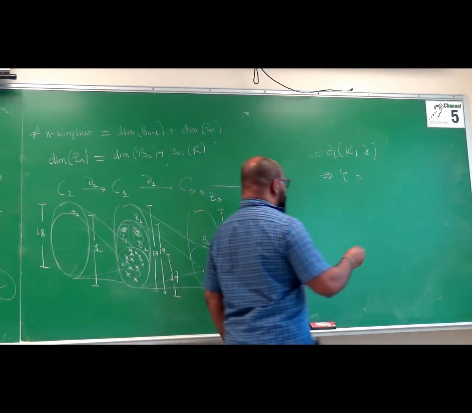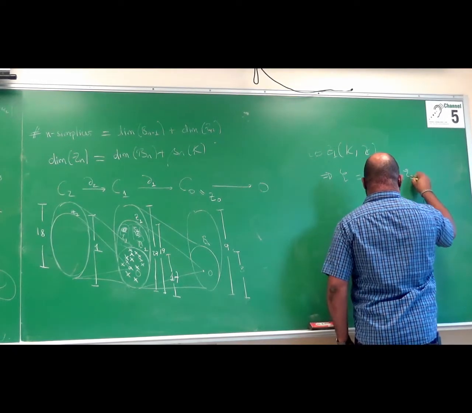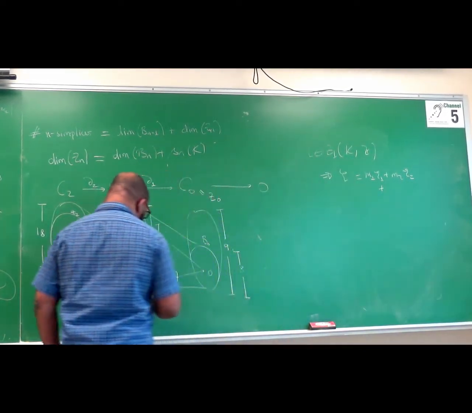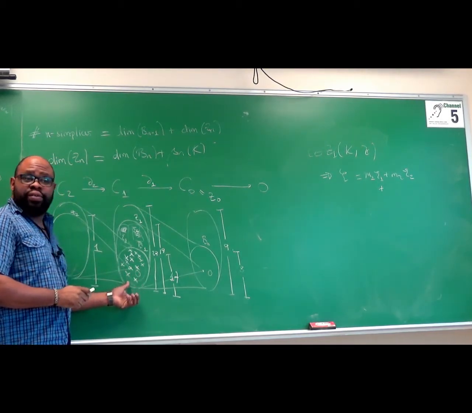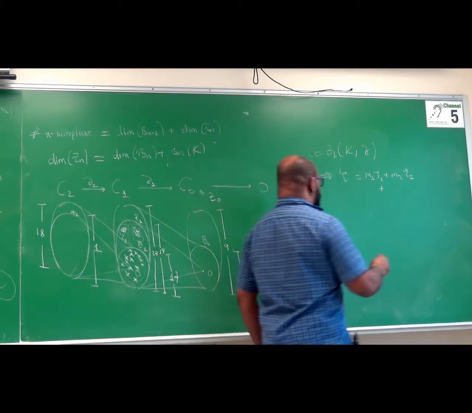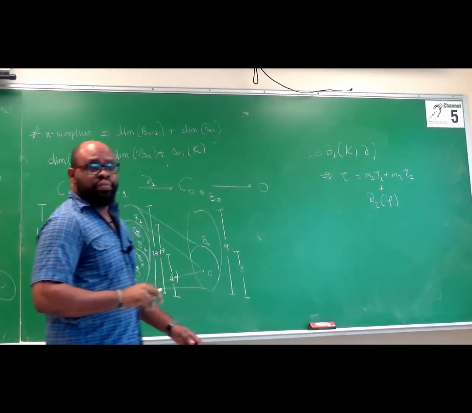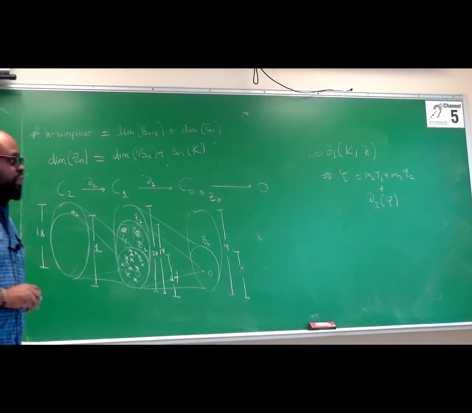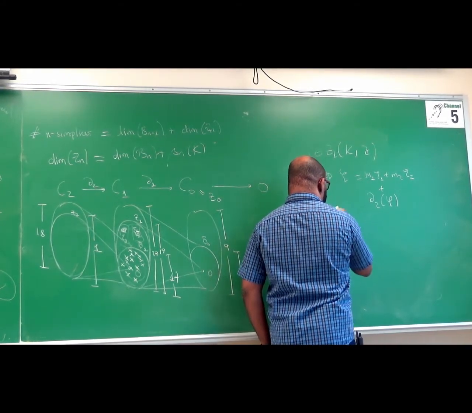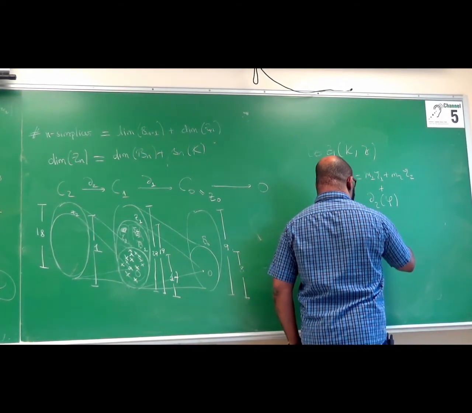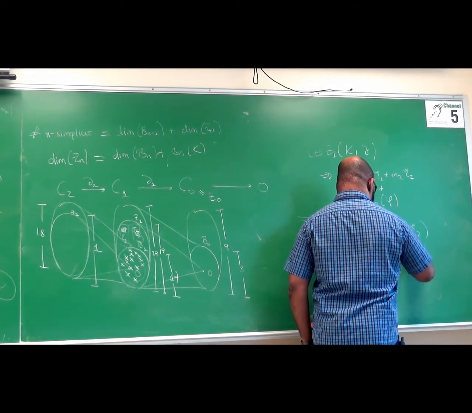So it's going to be some integer times zeta 1 plus some other integer times zeta 2 plus some combination of the guys that are here. But that gives you a boundary. And that means that psi is homologous to M1 zeta 1 plus M2 zeta 2. Check.